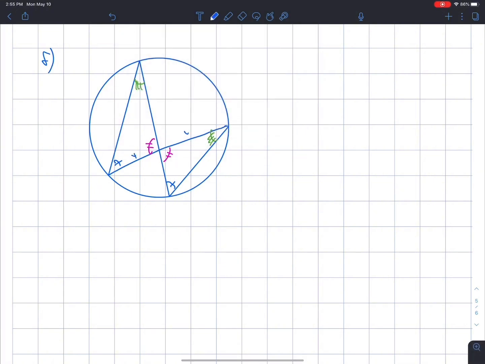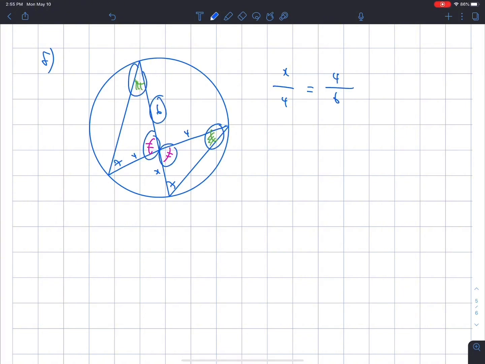We have 4, 4, 6, and x. So to find x, I can say x over 4, that's between angle 2 and angle 1 on one triangle, and 4 on the other triangle, must equal 4 over 6, that's between angle 2 and angle 3.